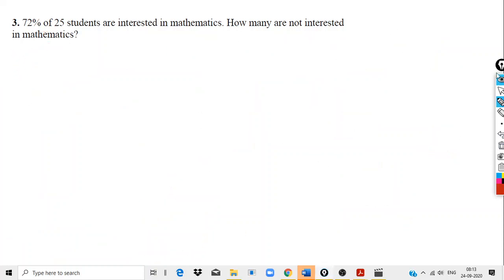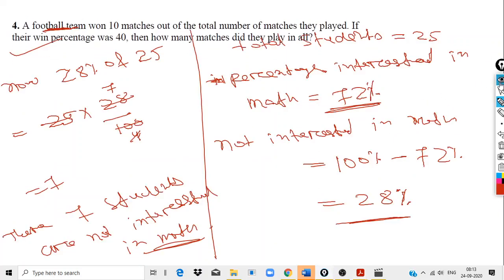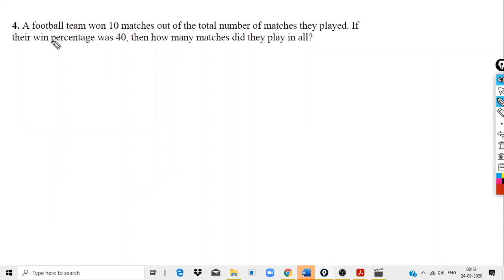Now we will move to question number 4. Okay, let's read it. A football team won 10 matches, out of the total number of matches they played. We don't know how many matches they played, but they have won 10 matches.